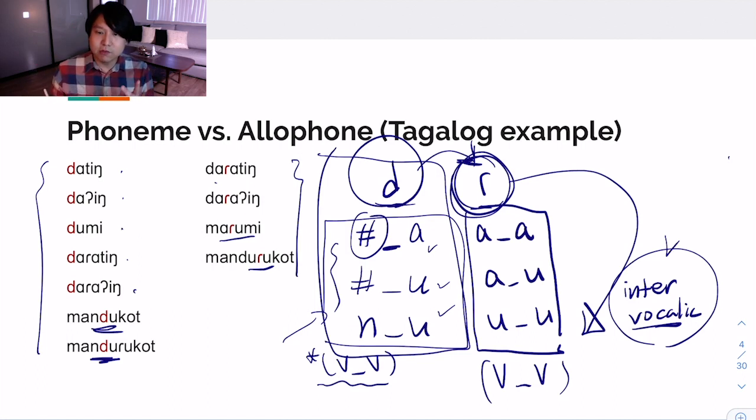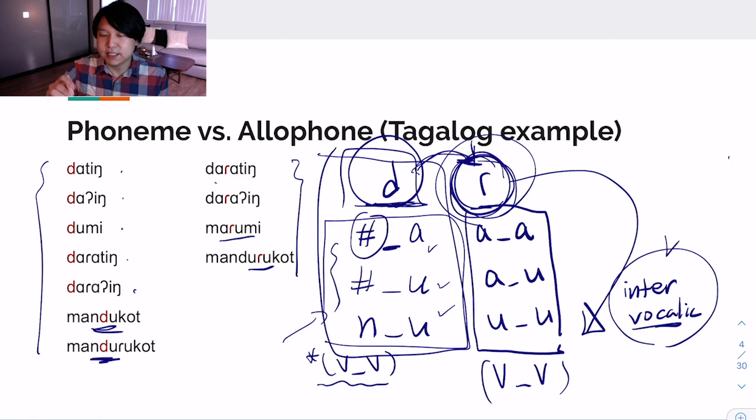So you can have two possibilities. One, having D as a default sound and a rule that derives sound R from D. And another possibility is to set R as a default sound and set up rules that derive the D sound from R. But in that case, you have to have at least two different environments, two different criteria.